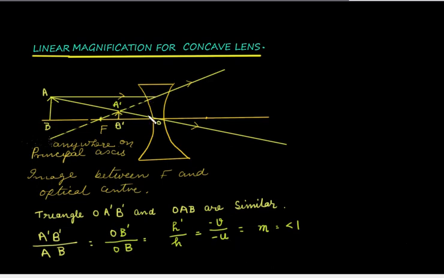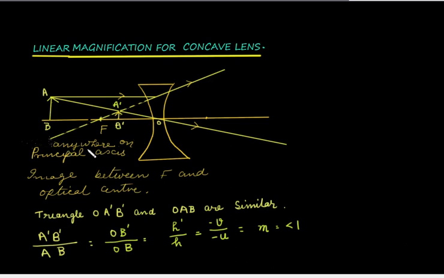And OB is the distance of the object, that is U, that also is measured in a direction opposite to the direction of incident ray, so that becomes negative U. So linear magnification, which is a ratio of height of the image to height of the object, becomes negative V by negative U. So here this value is positive, and since it is a diminished image that is formed, magnification is less than 1.